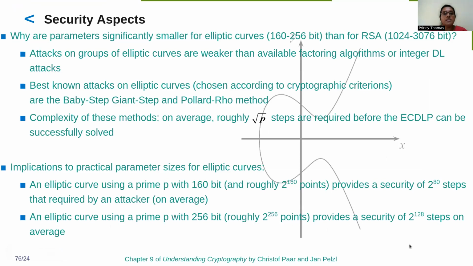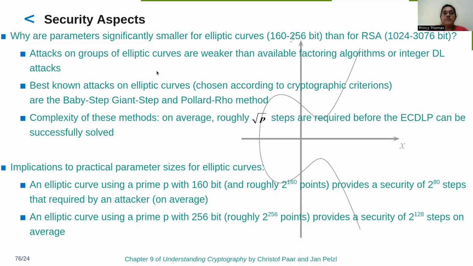Okay. Now, what is the security? In the case of elliptic curves, we saw earlier that the size of the parameters is significantly decreased. 160 to 256 bits is used, whereas in RSA, we required 1024 to 3000 bits. The reason is that there aren't very strong attacks on groups of elliptic curves.